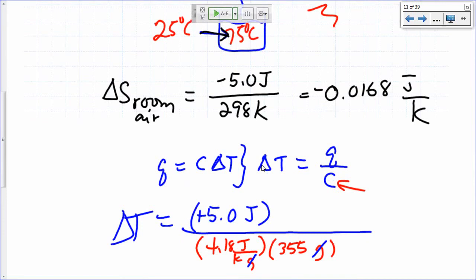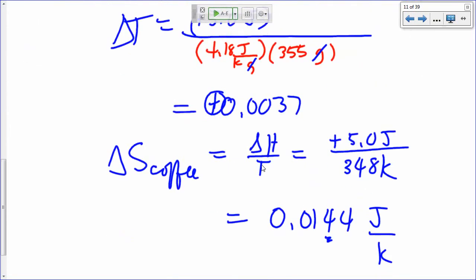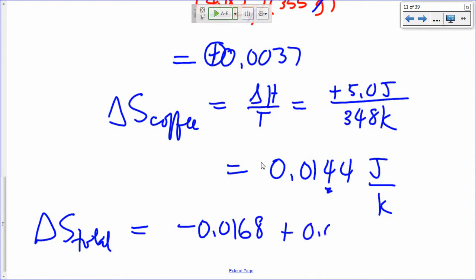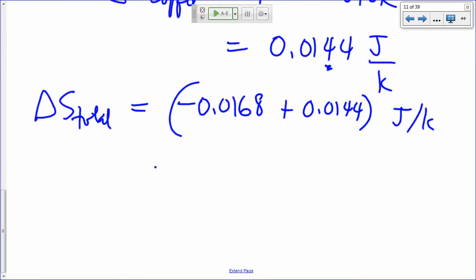So 0.0168 and 0.0144. What's the delta S total? That's system plus surroundings. Negative 0.0168 plus 0.0144 joules per Kelvin. And what would that number be? Remember, we only have two sig figs here.